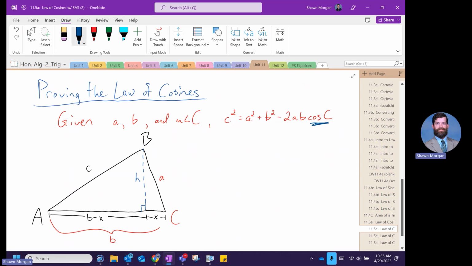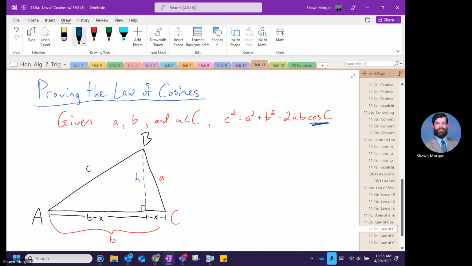Let's not use area. Let's use the notion of cosine. Since this is the law of cosines, I guess we'll try that. What would the cosine of C equal? Here's angle C. What's adjacent to C?